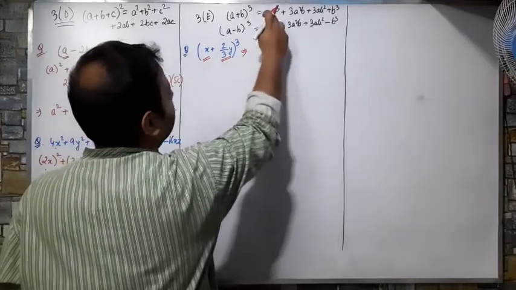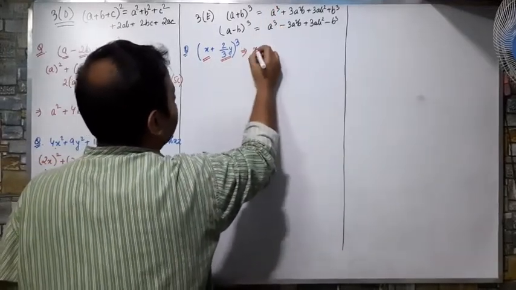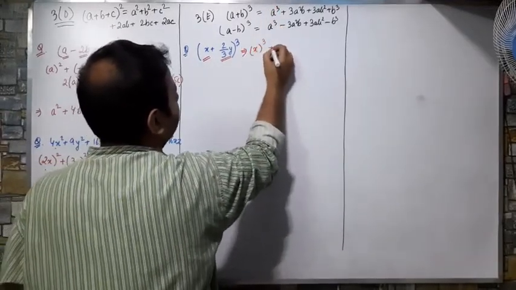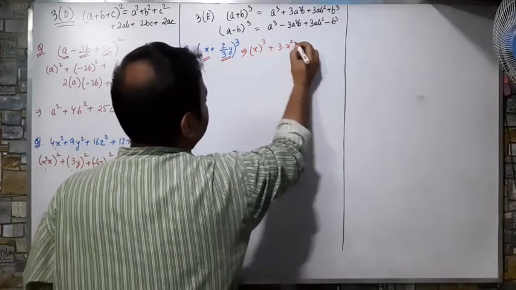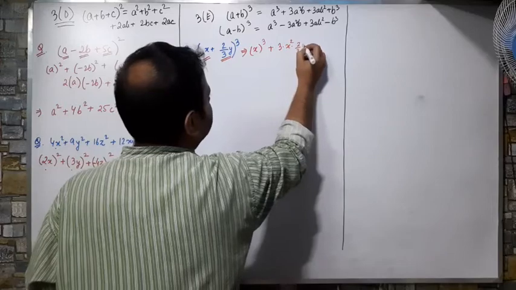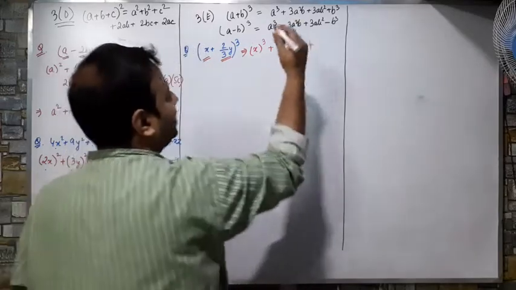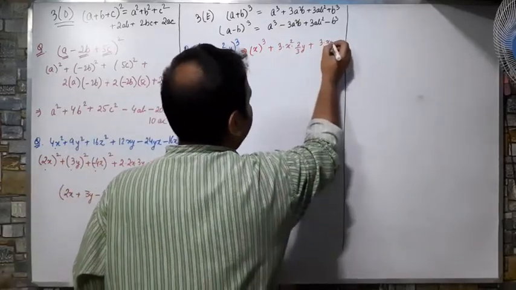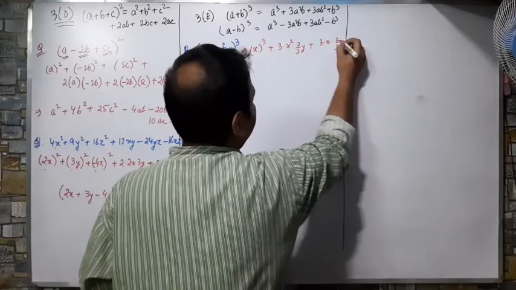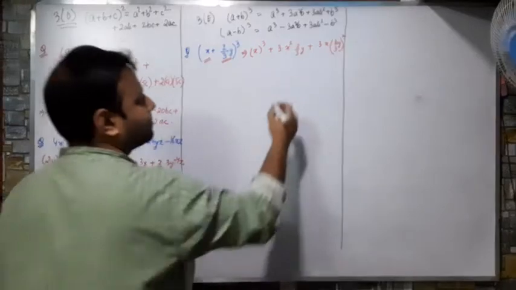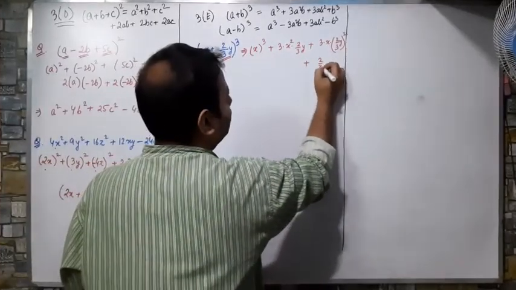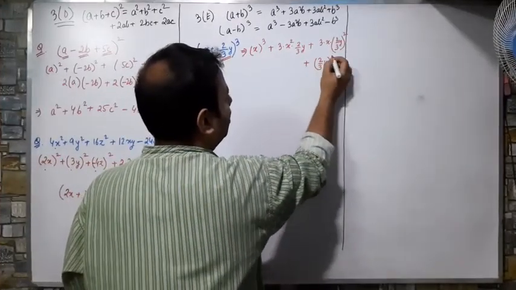What is the formula? First of all, a cube. The a cube I will write x cube plus 3a square b, 3 into x square into 2 by 3y, plus 3ab square, 3 into x into 2 by 3y whole square, plus 2 by 3y whole cube.